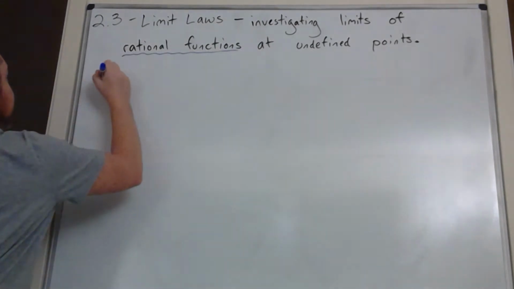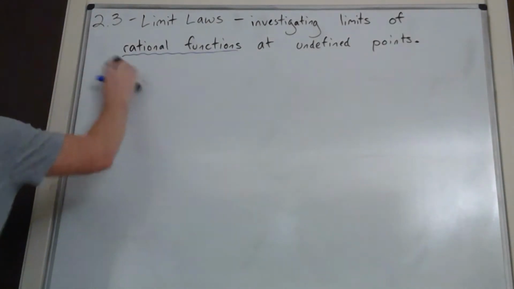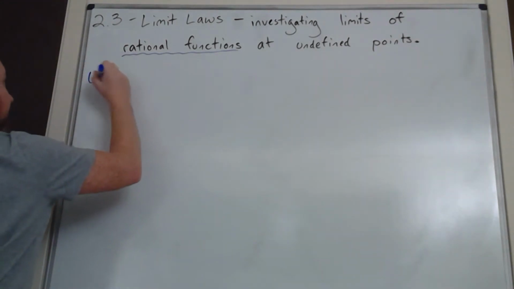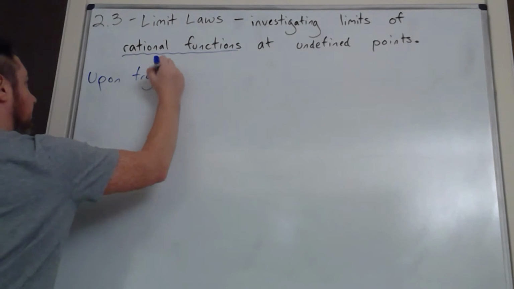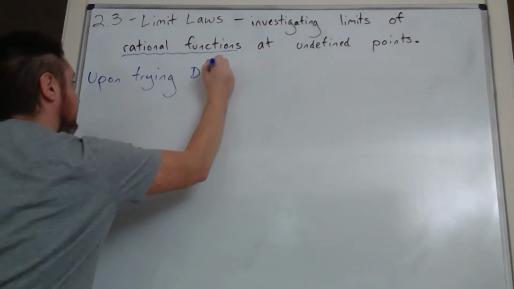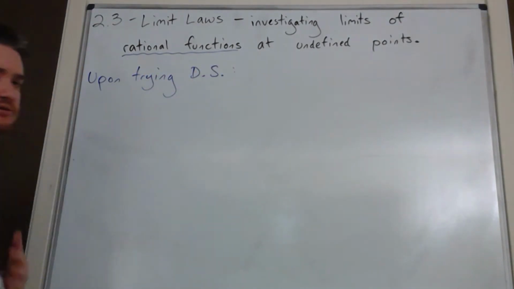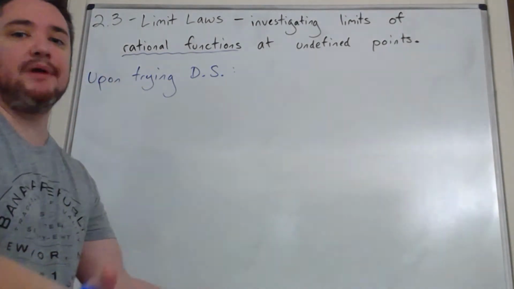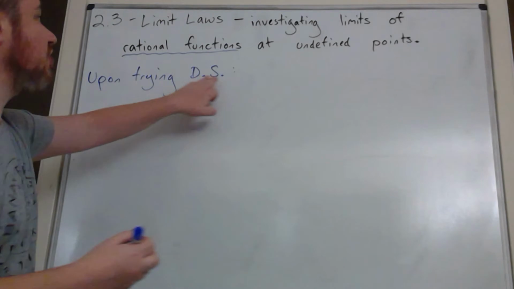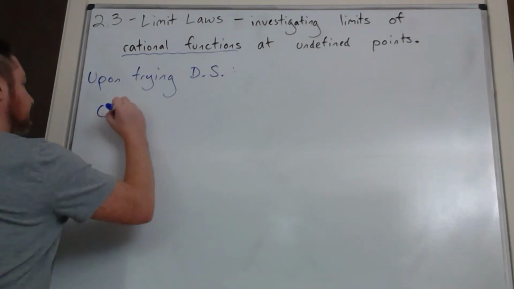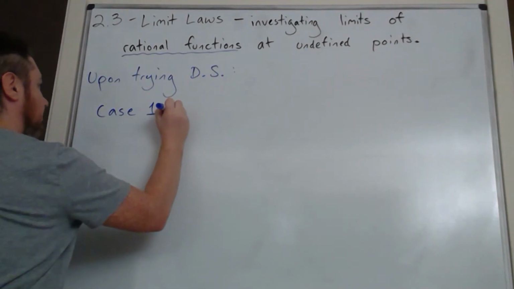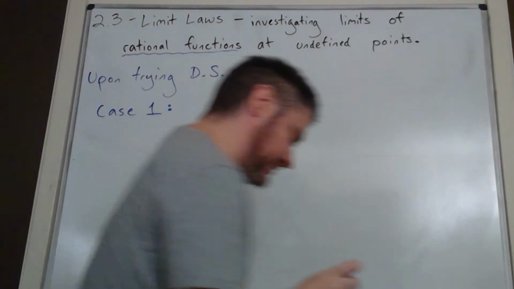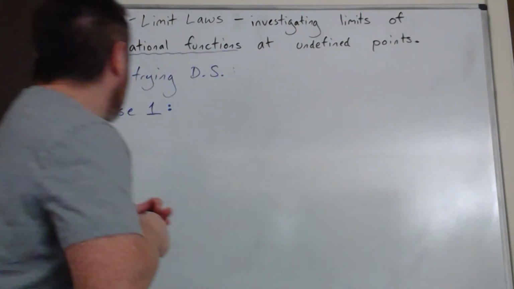So let's write this case, upon trying direct substitution, right? So you're trying to take a limit as x approaches some value. Plug that value in, see what happens. Upon trying that, case 1, let me switch back to black just because it's a little bit more visual.